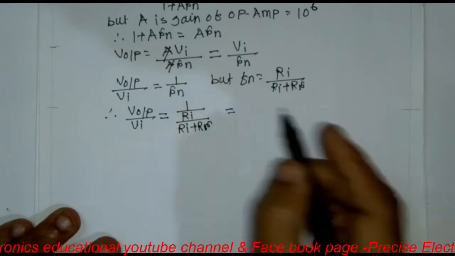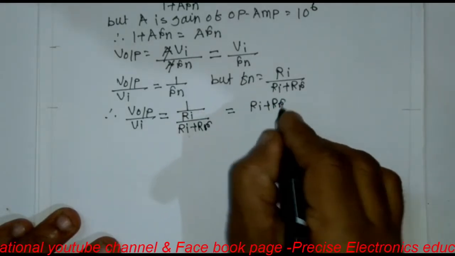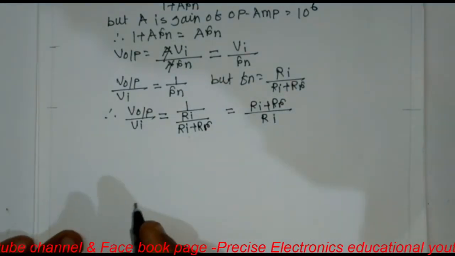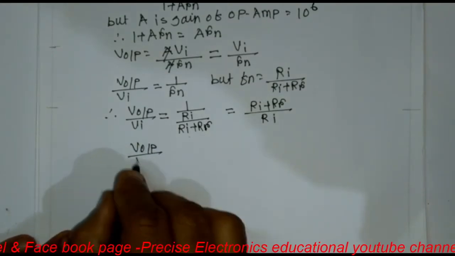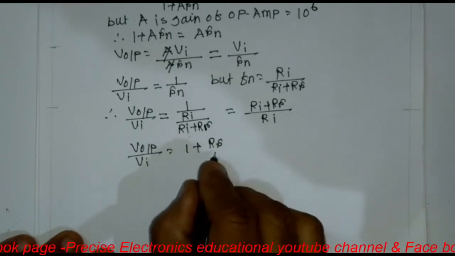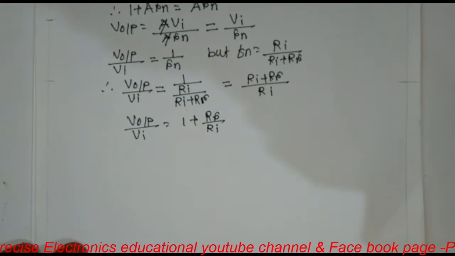So it is equal to Ri plus Rf upon Ri. So obviously V output upon Vi is equal to 1 plus Rf upon Ri.